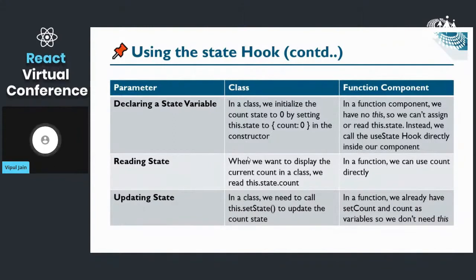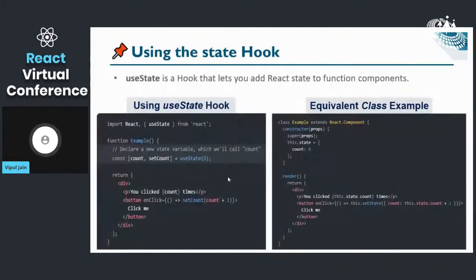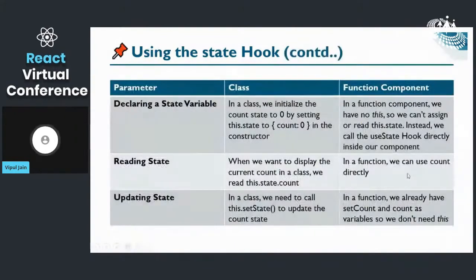Now the second is reading the state. How can you read a state with the useState hook? In a class component, when we want to display the current count, we read this.state.count. In the previous example, you must have seen that I was using this.state.count, and I was incrementing it by one every time the user clicked on the counter. But in a function component, we can use count directly.